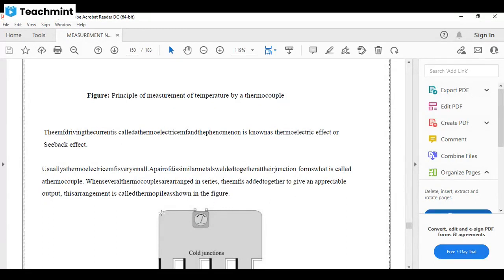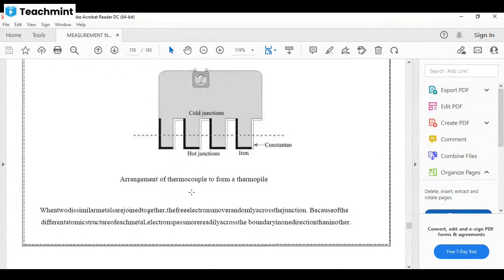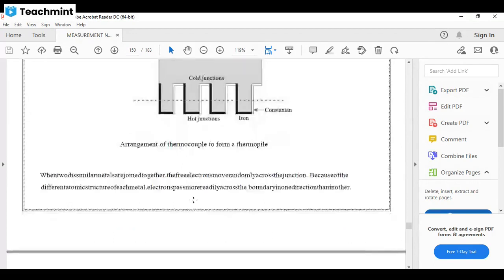This arrangement is called a thermopile, as shown in this figure. This is the cold junction, this is the hot junction. When the two dissimilar metals are joined, free electrons move from the hot junction to the cold junction, and an EMF is generated.